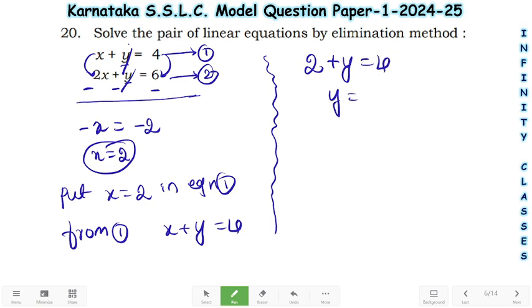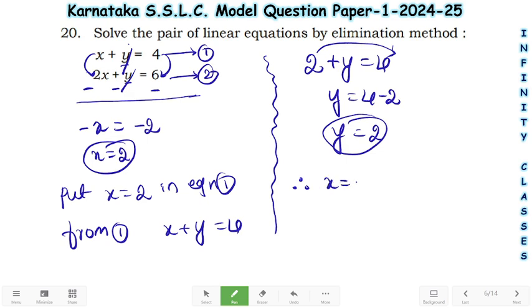Then y is equal to 4 minus 2. This 2 goes to the right side, it will become minus. Then 4 minus 2 is 2. y is equal to 2. Therefore x is equal to 2 and y is equal to 2 is the answer for this question.